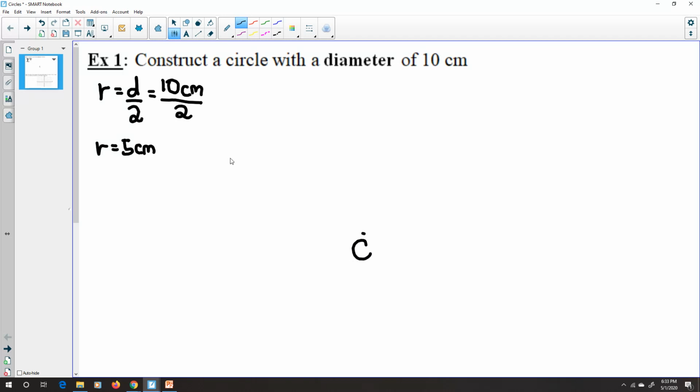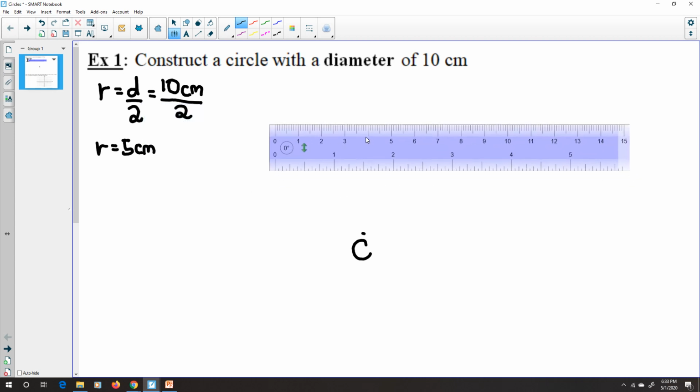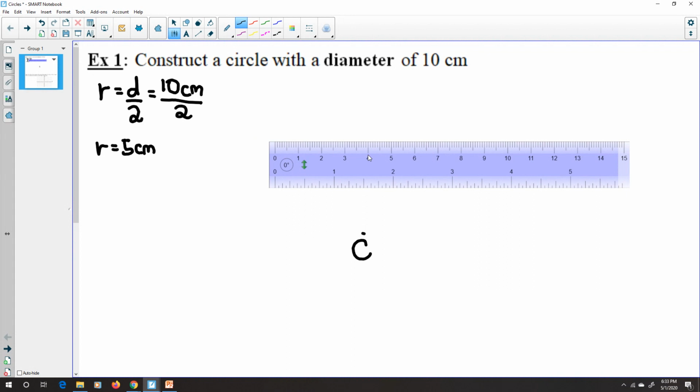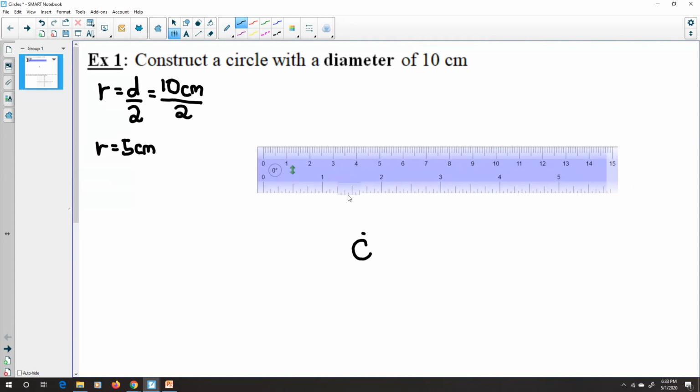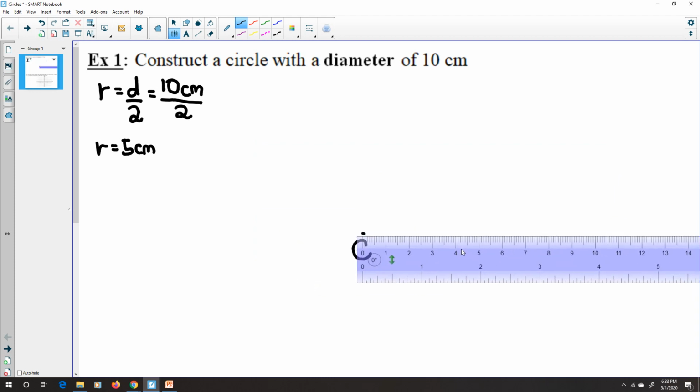What I want to do now is take a ruler and draw the radius going from left to right. So I'm going to take the 0 marking on the ruler and line it up with the center of the circle.